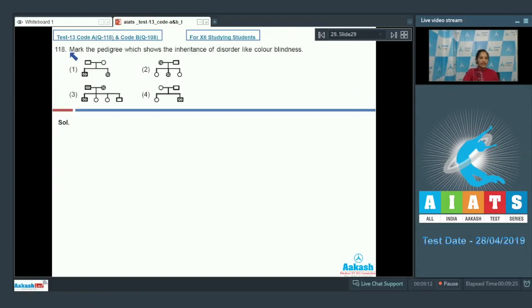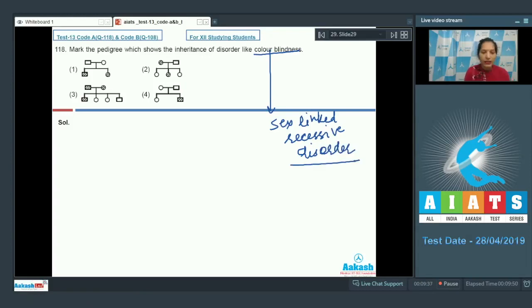Question number 118. Mark the pedigree which shows the inheritance of disorder like color blindness. Color blindness is a sex-linked recessive disorder. Now see the pedigree one by one.